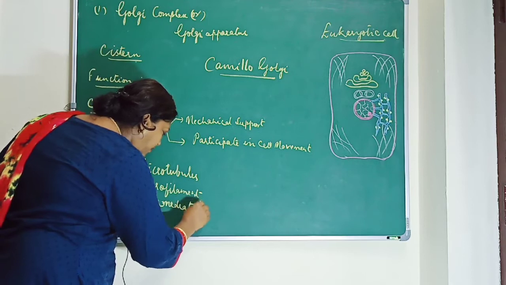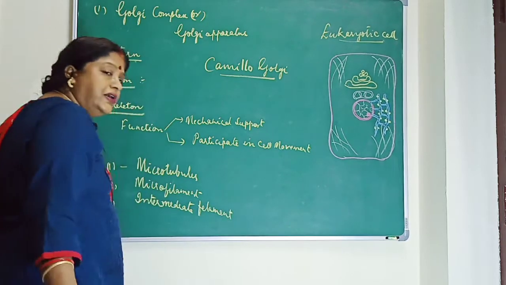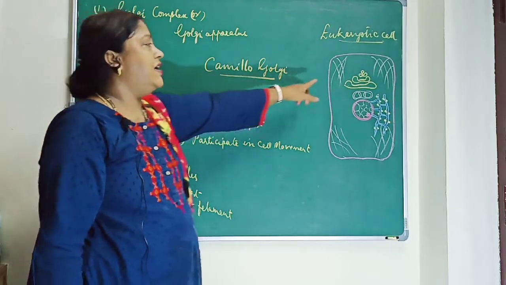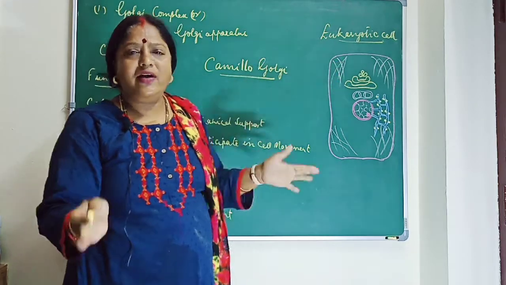So these are the three types of fibers that make the cytoskeleton. Cyto means cell, and skeleton is that which supports.